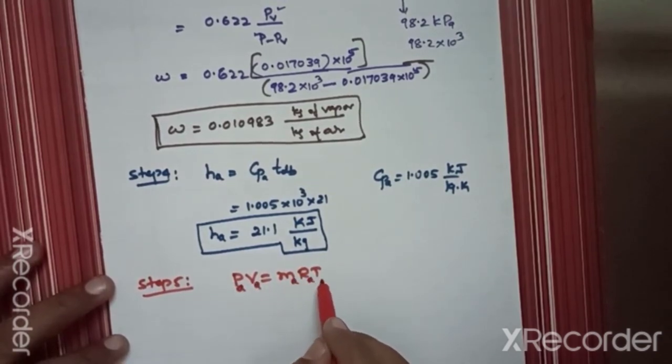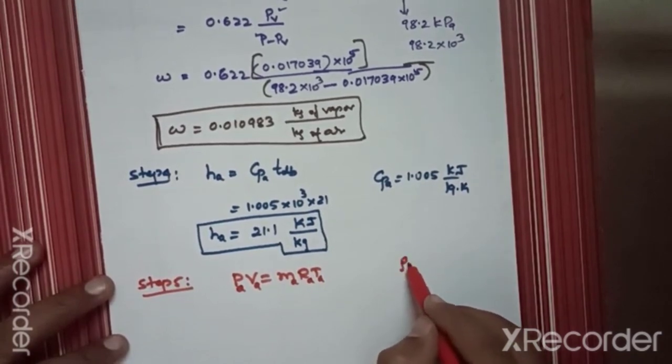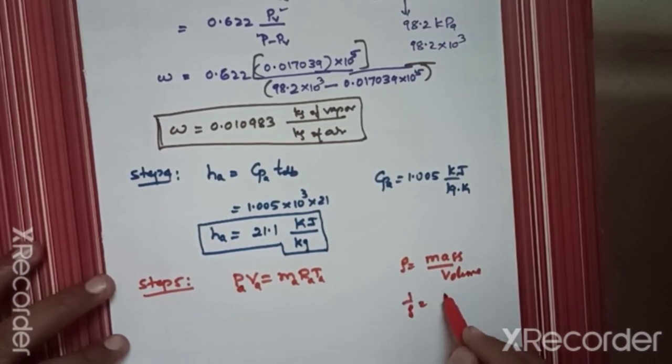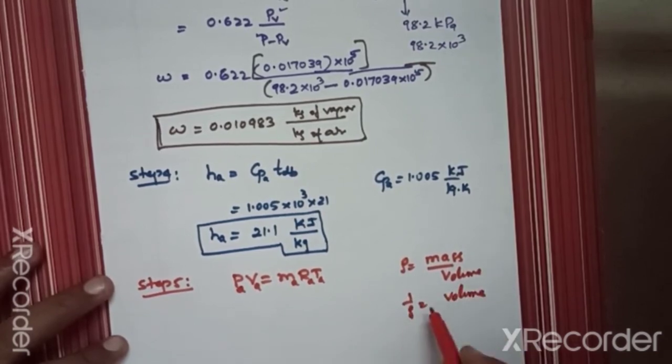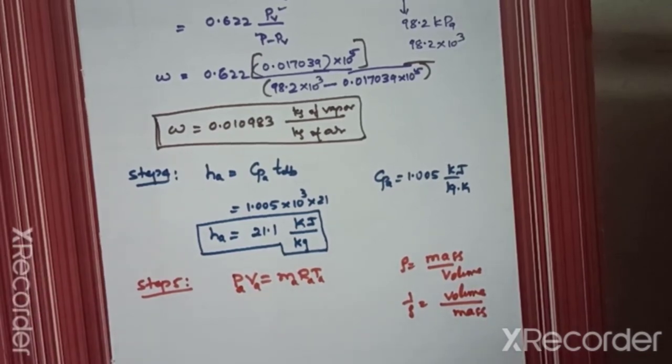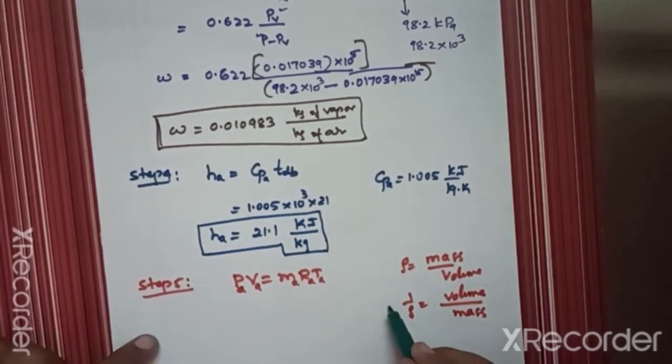So density is equal to mass by volume. If you take reciprocal, it will be volume of air divided by mass. So volume of air divided by mass is called specific volume.